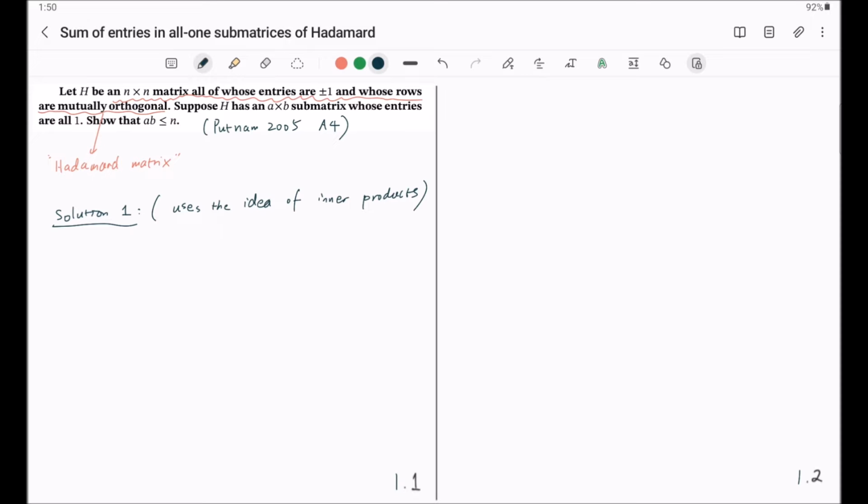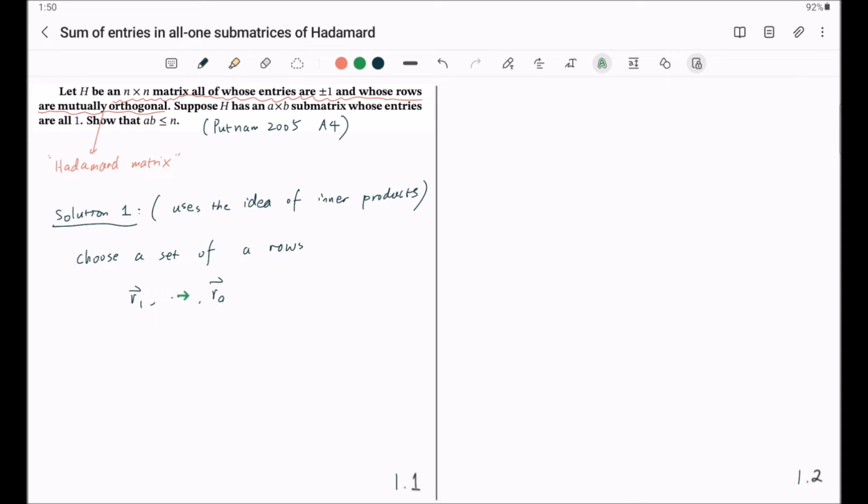Choose a set of A rows. Here this A is this number A. And we denote them by R1 through RA.